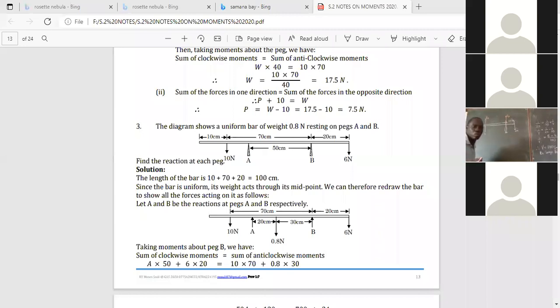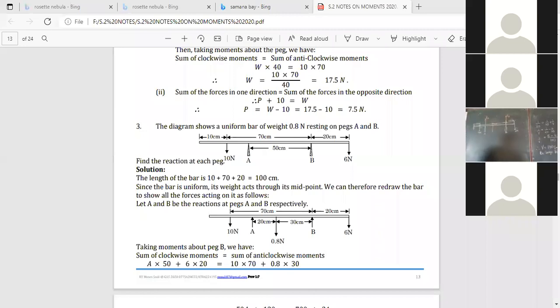So if we call this the 0 point, this is the 100 centimeter mark. Now, where is the weight acting? Can you tell me where the weight will be acting? The weight will be acting at the 50 centimeter mark, somewhere in the middle here. Is that okay?